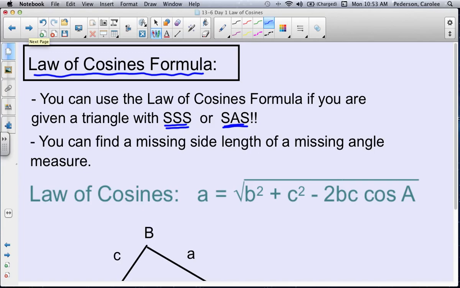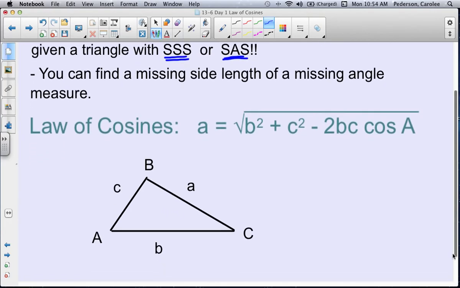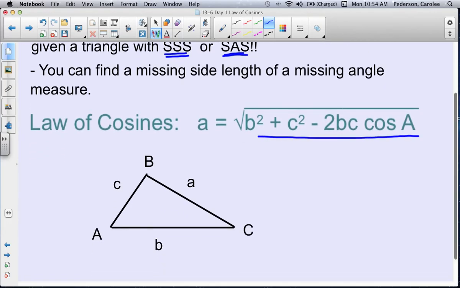And just like the law of sines, it's able to find missing side lengths or angle measures. So go ahead and write down this formula, the law of cosines, to find a side or an angle. You take the square root of b squared plus c squared minus 2bc cosine of A.